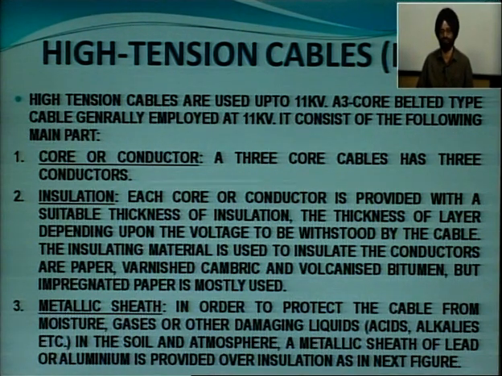As I have already told you, we are going to protect our insulation and conductor from moisture. So to protect the cable from moisture, a layer of lead is provided outside the cable, or a layer of aluminium is also provided. Aluminium is also used to protect the cable from moisture.